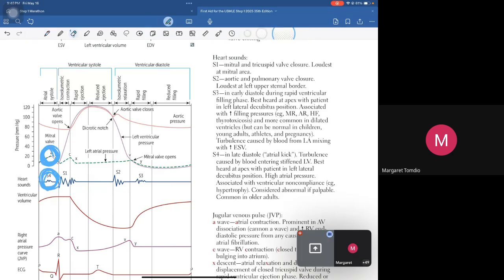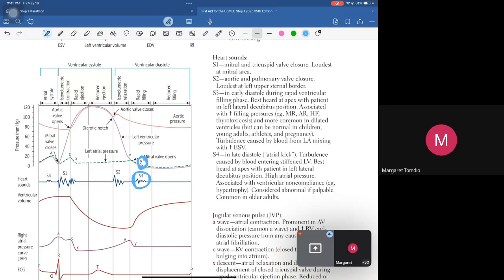And when did we hear S3? I told you we heard S3 when a lot of blood gushed in during the passive filling phase of the left ventricle. The passive filling phase of the left ventricle is represented by the V wave and Y wave. So as soon as the Y wave comes, the S3 comes as well.